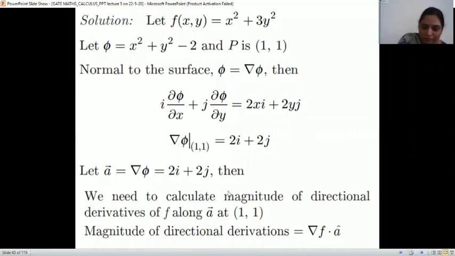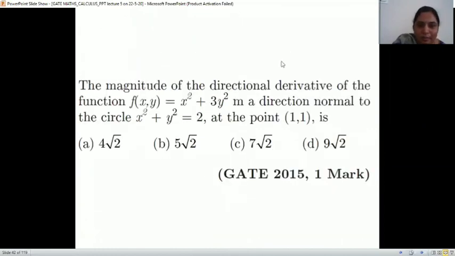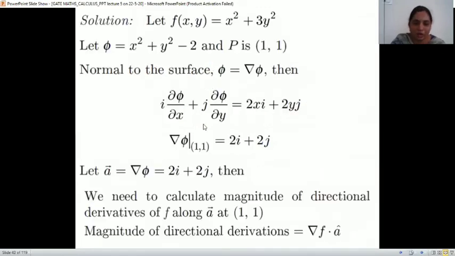Okay. And then the magnitude of the directional derivative of f. So what is the directional derivative? Whatever vector is given, in the direction of some vector, we have found that from the scalar we converted into the normal, that is del of phi, and then at the point we got a vector and we are calling it a bar now.